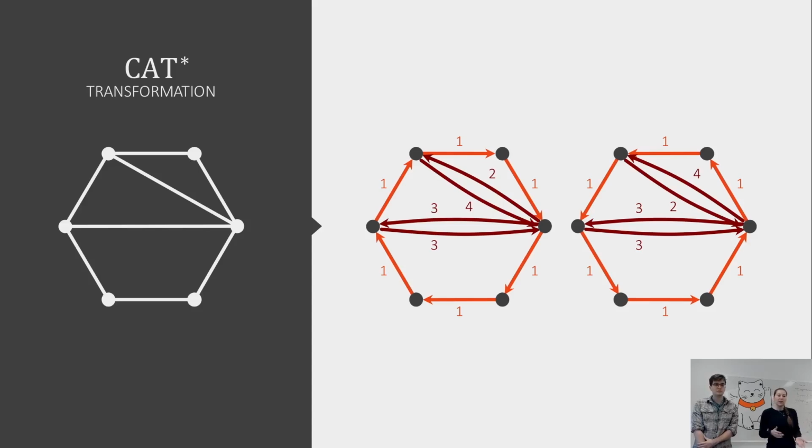So for the edges that are on the Hamiltonian cycle, the distance is 1, because the nodes are neighbors on the Hamiltonian cycle. And for the diagonals, using only edges of the Hamiltonian cycle, the distance will be larger, of course. And we encode these distances in both directions. And this way, using this transformation, MPNNs can distinguish all blocks.